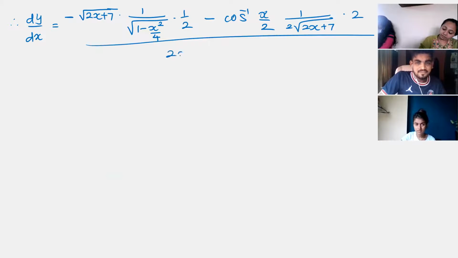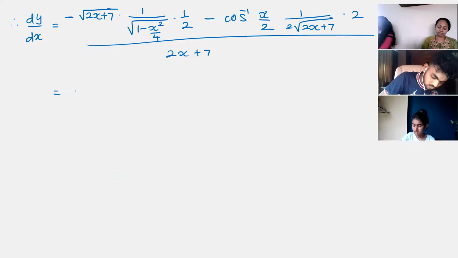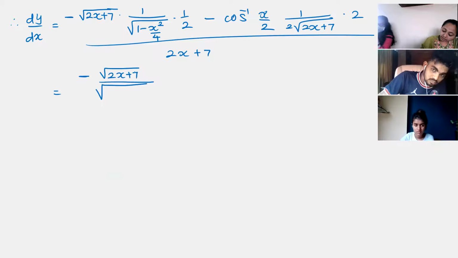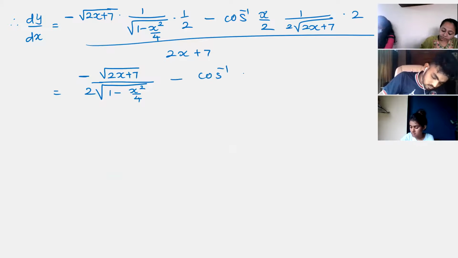Denominator already is square, and the square and square root are cancelled. That means here we have the numerator as minus 2x plus 7 upon this one, 2 is also there, it is 1 minus x square by 4, minus cos inverse x by 2.